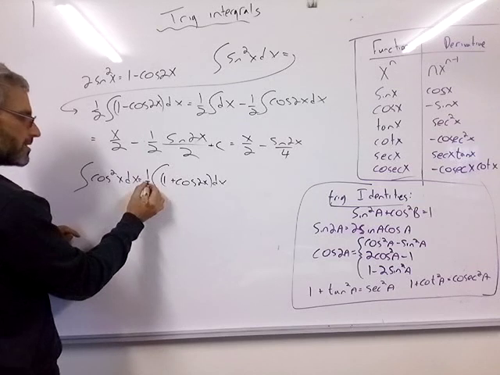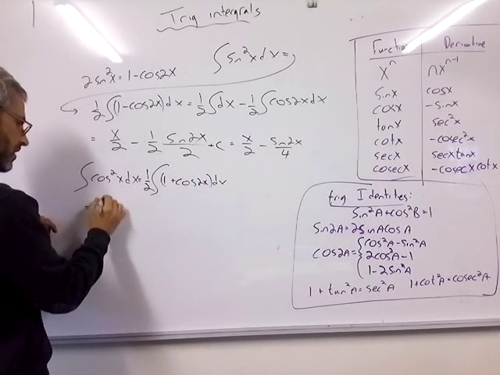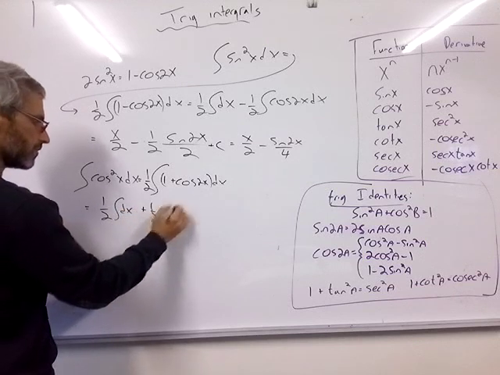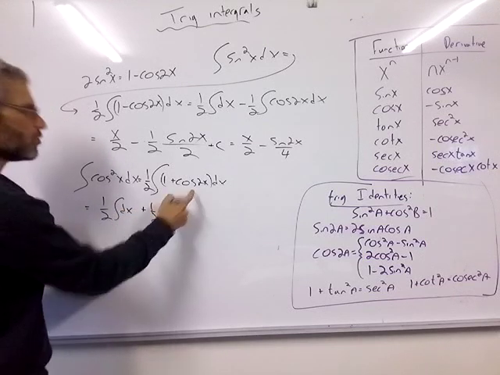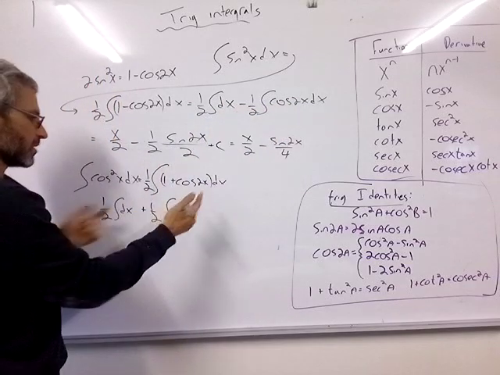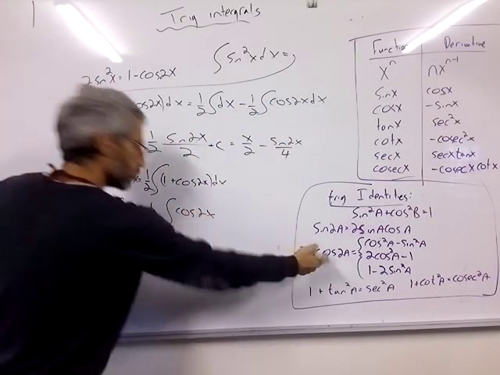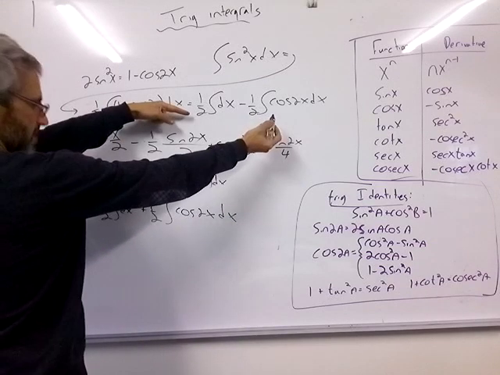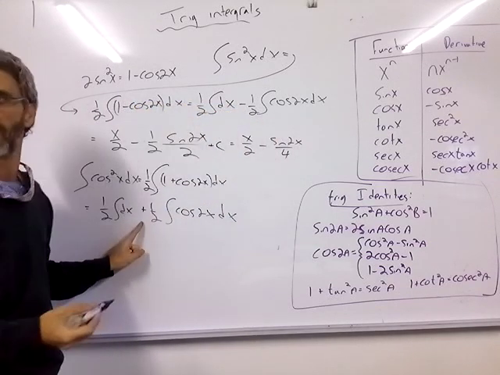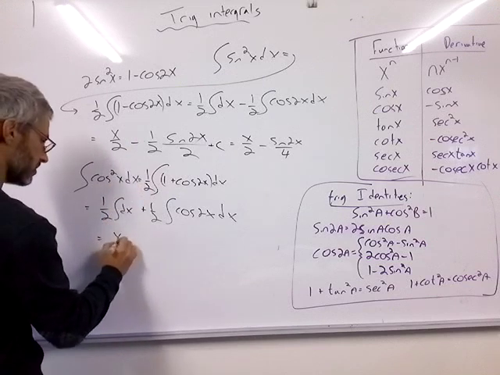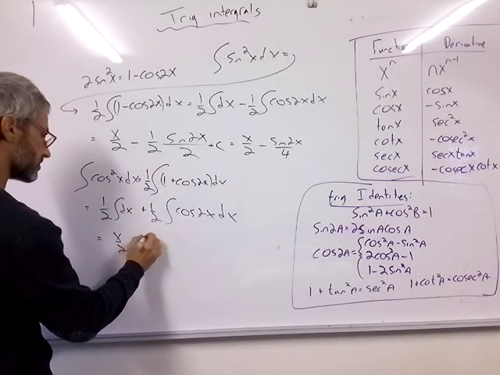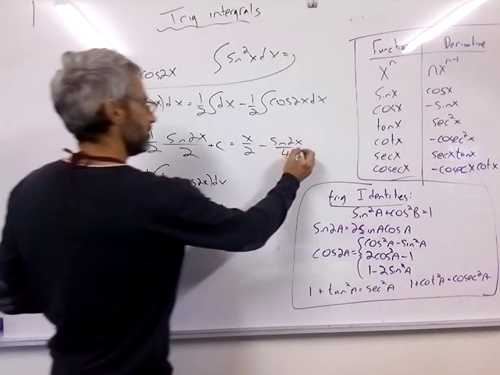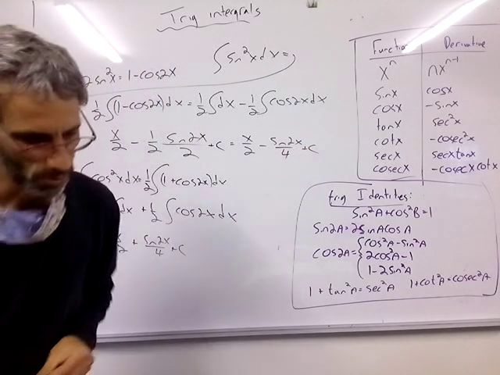The integral of the sum should be the sum of the integrals, so it's half dx plus half the integral of cosine 2x. We've done that. It's exactly the same as that, except that now instead of minus, we have a plus. Half x plus sine 2x over 4 plus c. Okay? Right, let's pause.